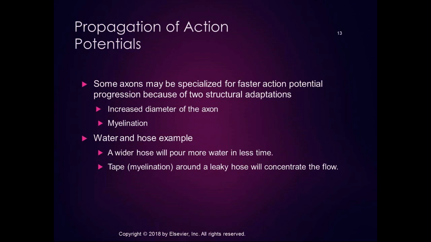And tape or myelination around a leaky hose will concentrate the flow. So that's sort of our example of how increased diameter of the axon and myelination are going to decrease the time, really, that it takes to generate another action potential.